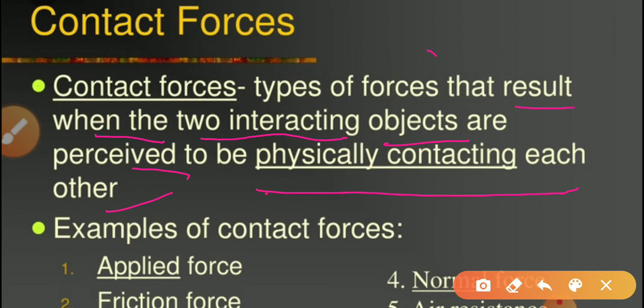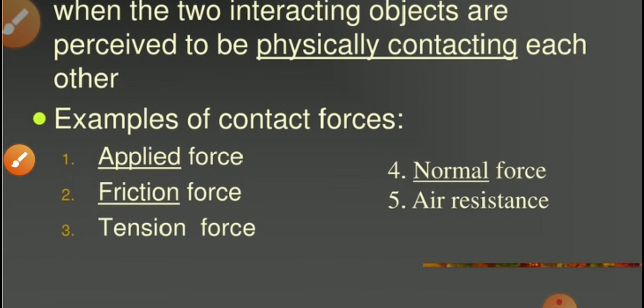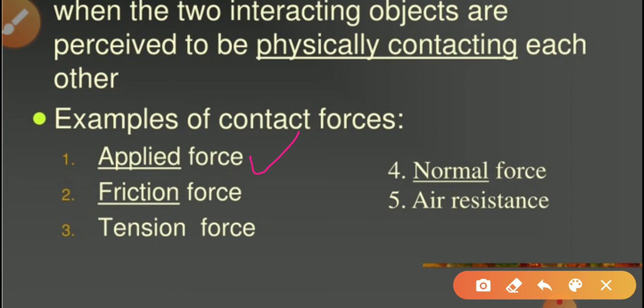Contact force means the force which occurs by direct contact of the objects or via one more object. Such a force is called contact force. The examples of contact forces are applied force, which we have seen, frictional force, like the table moving on the floor, tension force, spring balance, normal force, and air resistance. So these are all examples of contact forces.